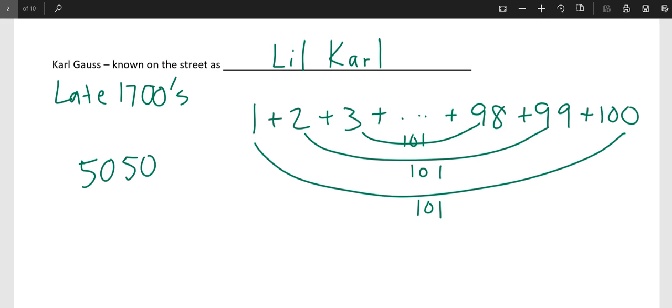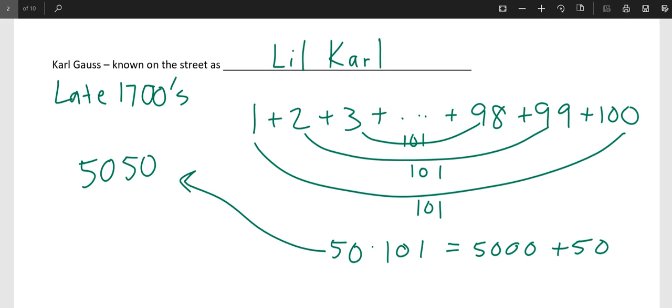Oh my goodness, I see a pattern. How many of these pairs of numbers are we going to get? You're going to get 50 of these 101s. Well, that's 5,000 plus another 50. And so that's where this little first grader came up with that.